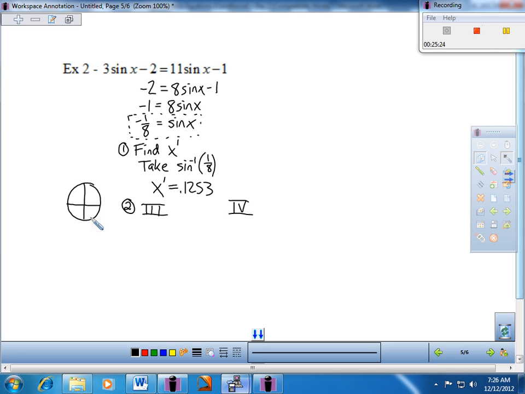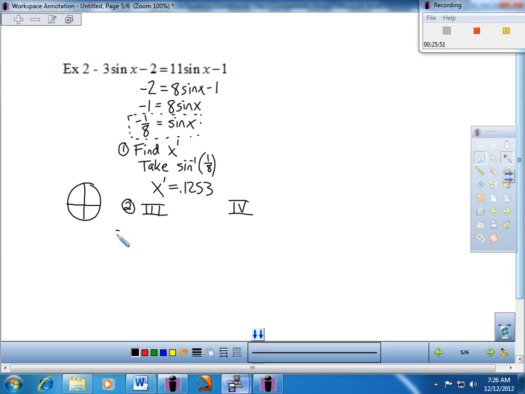Okay, I hope everyone's okay with that. As I rotate around once around my circle, one answer here in quadrant 3, one answer here in quadrant 4. Okay. So that is step 2, finding out where we're going to get our answers. Here, sine negative, 3 and 4.